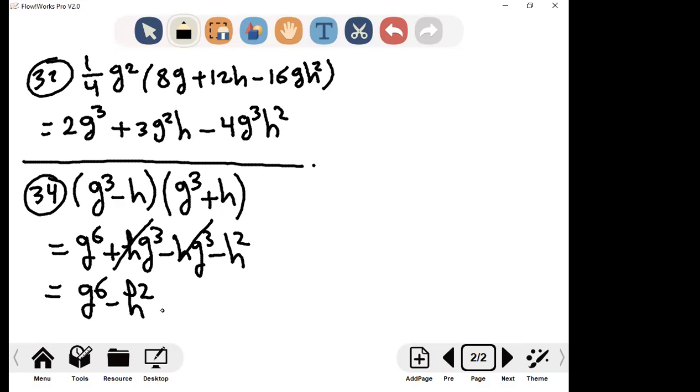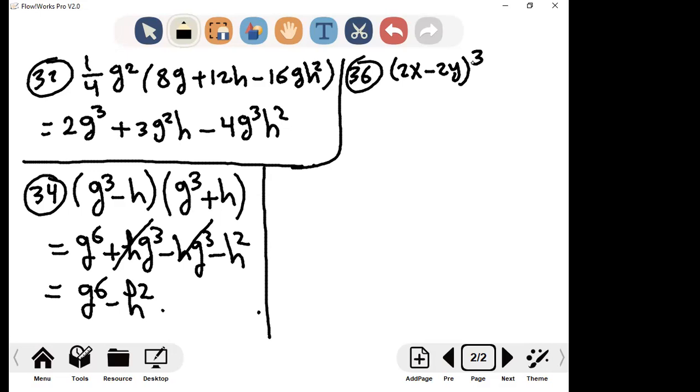Okay. Good. Now, question 35, similar idea to question 34. I will do question 36. We have 2x minus 2y, all to the power 3.